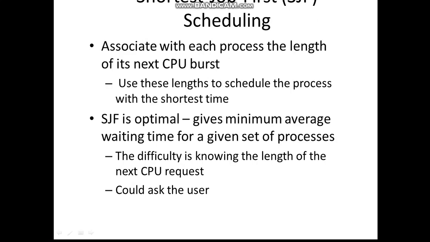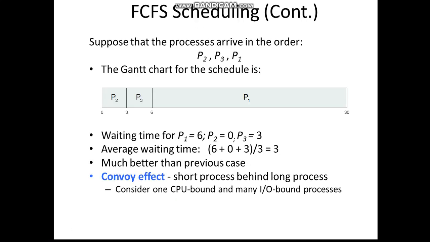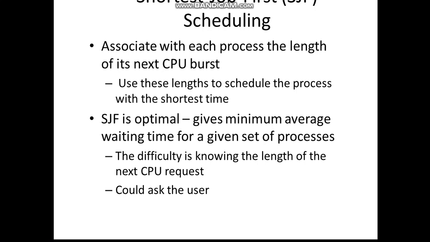So the solution for this is shortest job first, that is SJF scheduling. As a remedy for the drawback of the previous one, where shortest processes are kept behind, this gives good performance. So taking this into consideration, SJF was developed, where each process is associated with its next CPU burst.